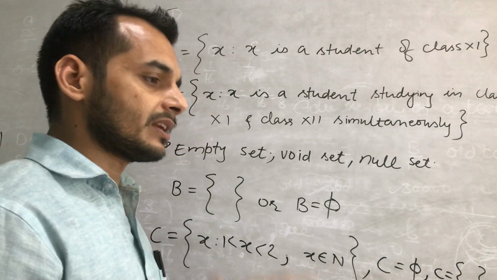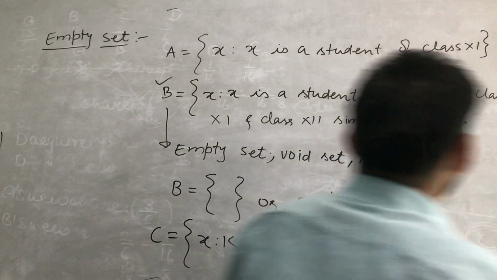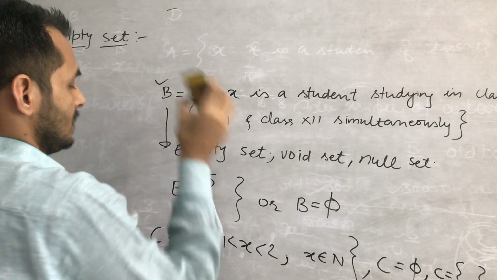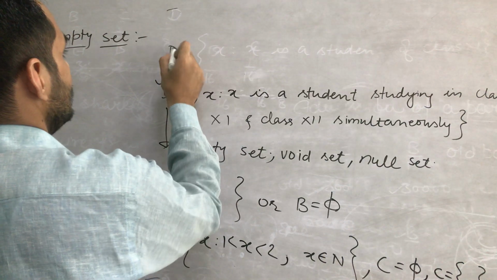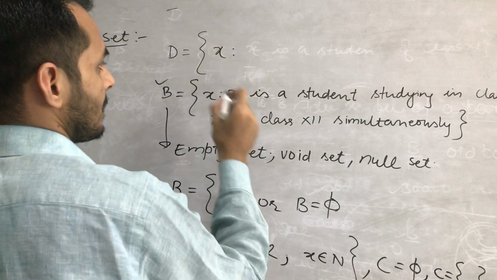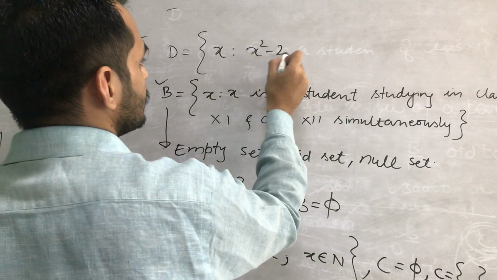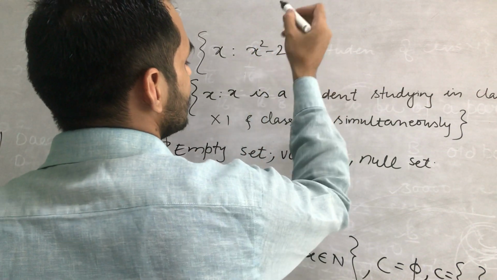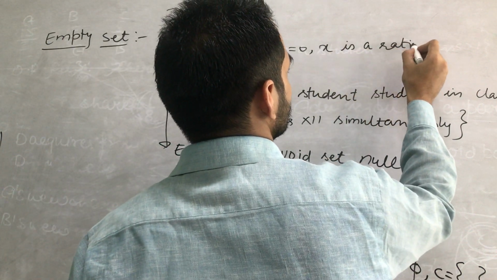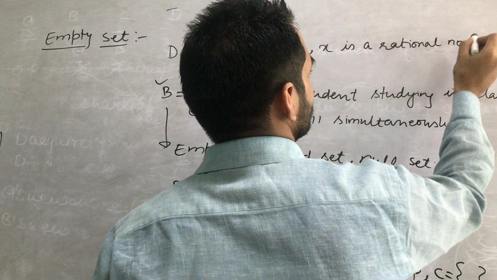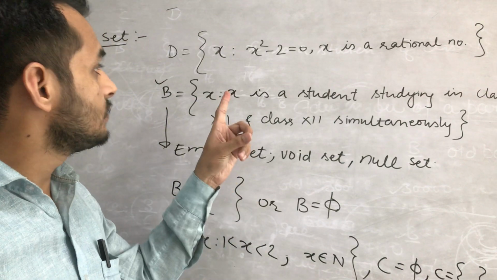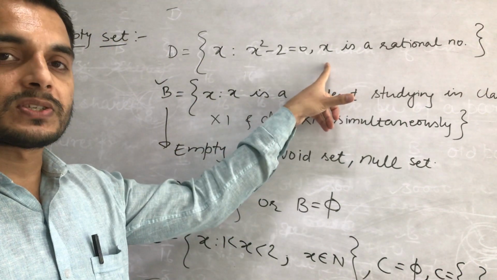Okay, let's take another example. I say set D is the set of all x such that x squared minus 2 equals 0 and x is a rational number. Do you think there will be any x which will satisfy these two conditions?